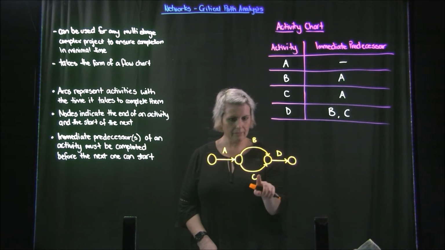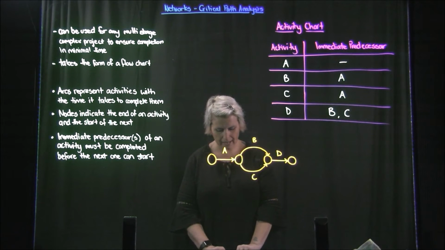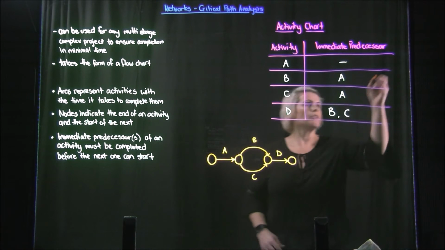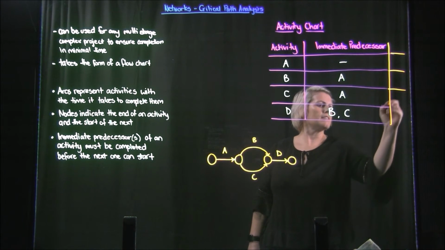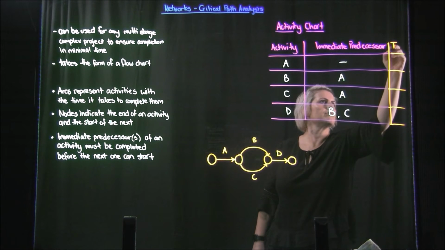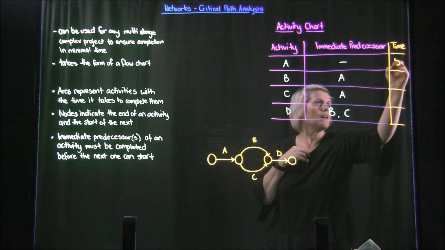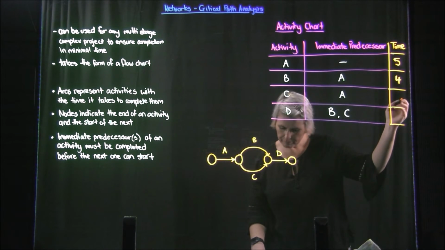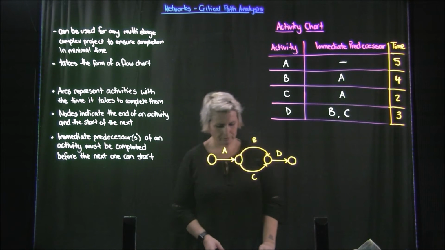But task C is actually shorter than B by 2 minutes. How do we know that? What we're going to do is add some time into this one. On the end here, I'm just going to add in some time and show you that. So we'll make A 5 minutes, B 4 minutes, and 2 and 3 minutes for the last two.